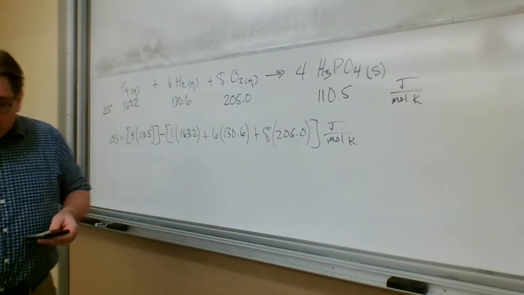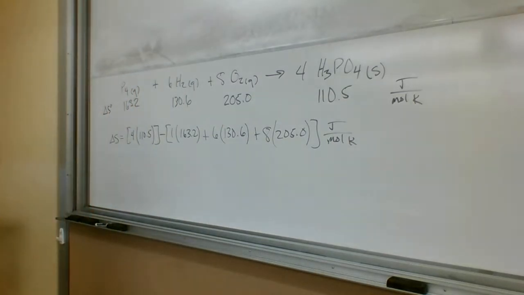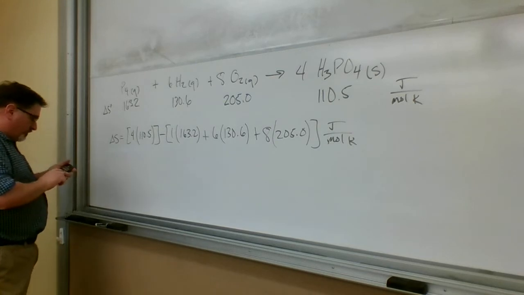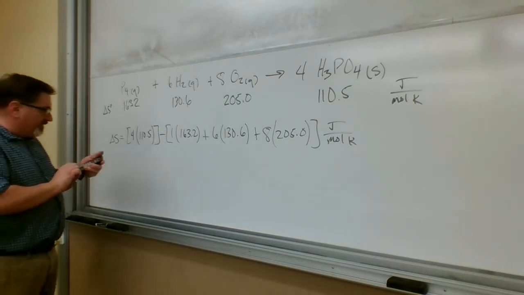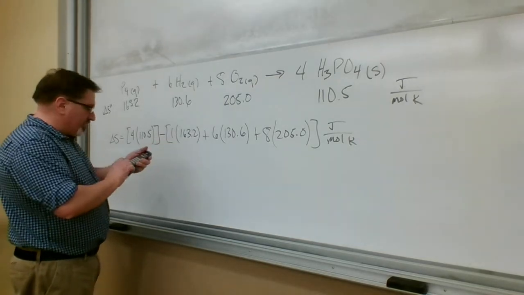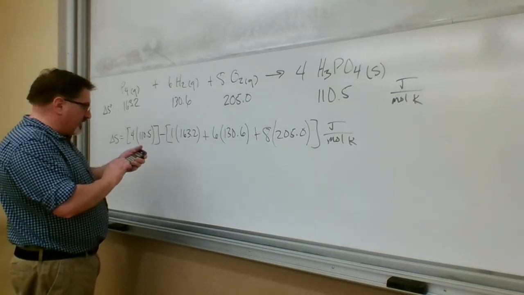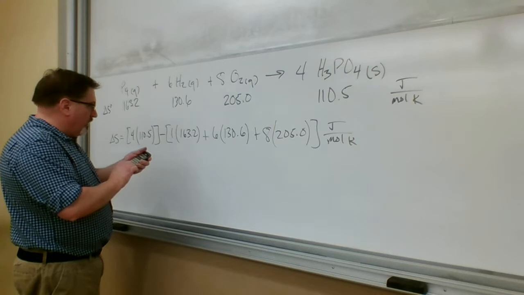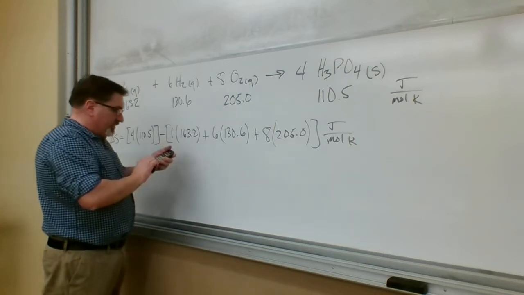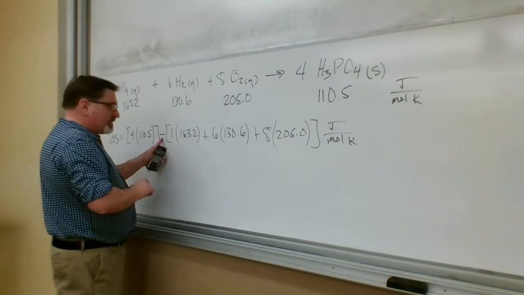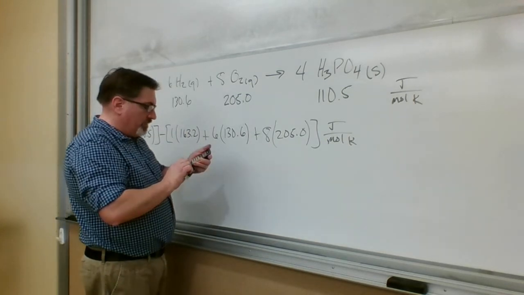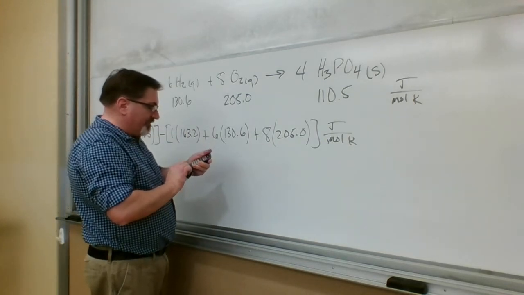So I dig out my calculator. 4 times 110.5 minus 163.2 minus 6 times 130.6 minus 8 times 205.